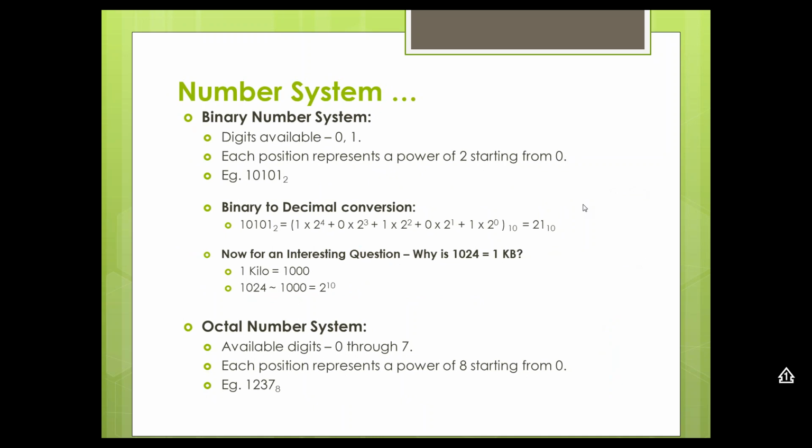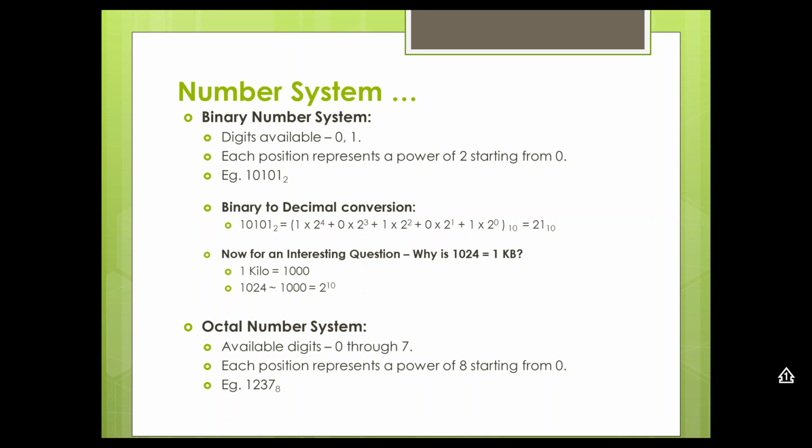The digits available here, the symbols for digits, are 0 and 1. As I mentioned, each position represents a power of 2 starting from 0. Say, for example, 10101. The subscript 2 represents the base of the number system we are working with.